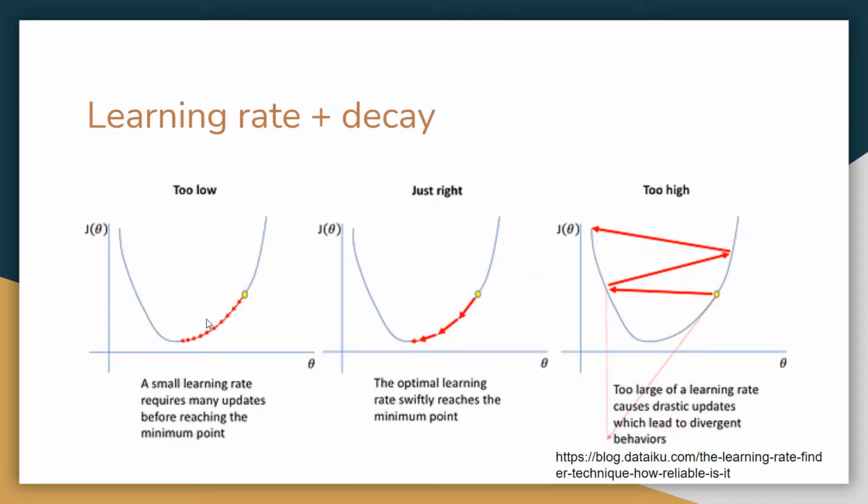Then we have the learning rate and the decay term for the learning rate. You can think about it like this: when you take a gradient, if you take small steps each time, then you will very, very slowly get to your minimum of the loss. If you go too fast, you might jump over the area of the low point. So the best kind of learning rate is one that starts high.